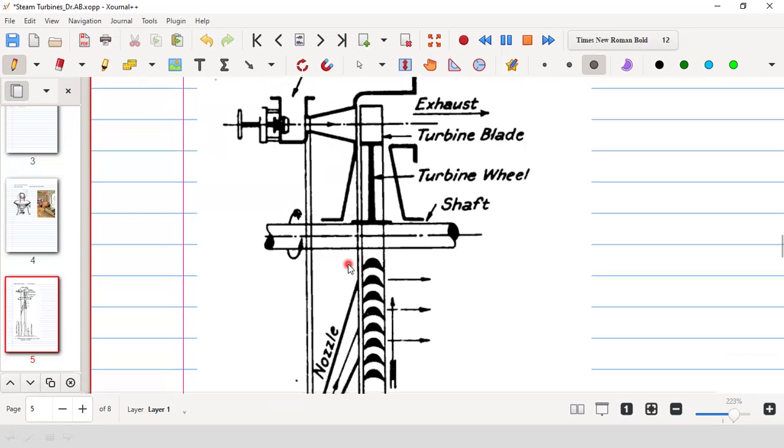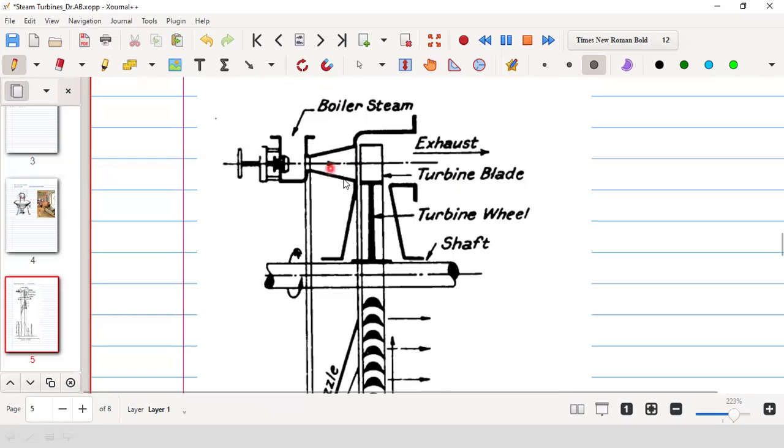Now this is the nozzle that is fixed, that is called the stator, and the blade is mounted on this turbine wheel. This is called the wheel. So this will rotate. So this is fixed to the shaft.